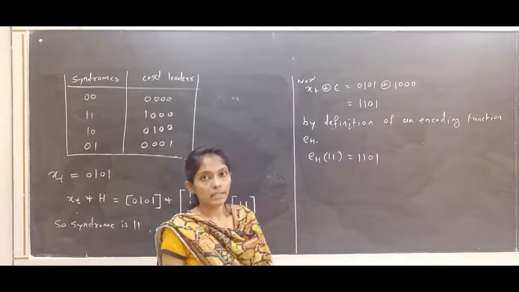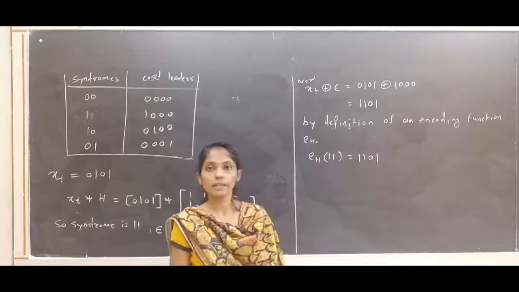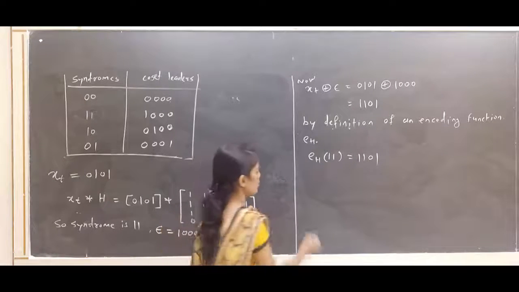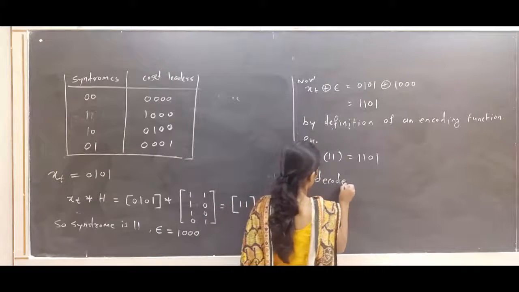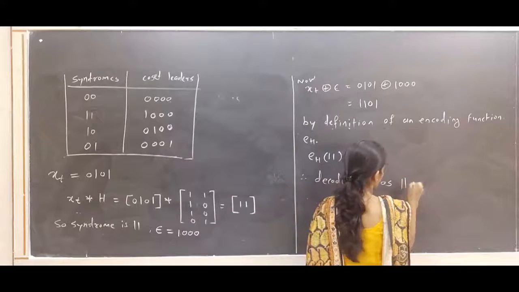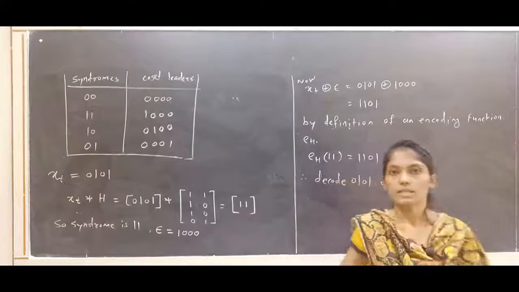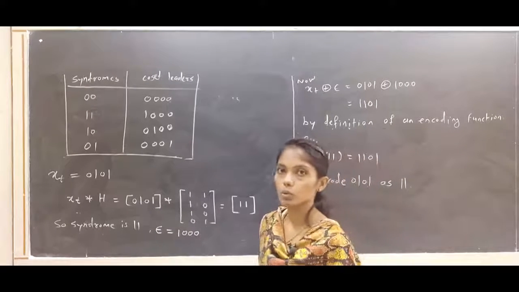Right? So by the definition of the encoding function EH, we get EH of 1 1 equals 1 1 0 1. Therefore we decode 0 1 0 1 as 1 1. So this is the required answer for this received word.